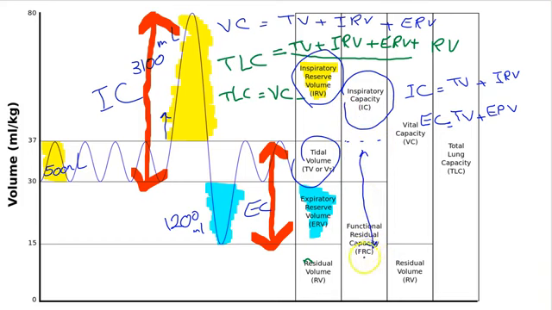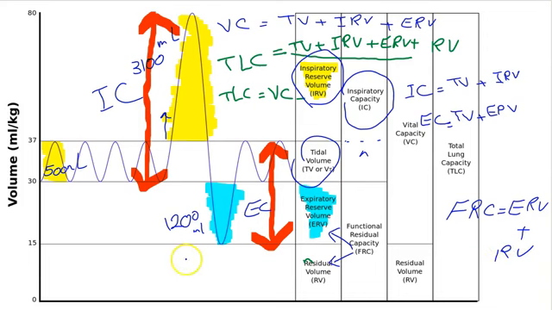Okay, one more. We have another capacity, which is called functional residual capacity, that is the amount of air that always stays in our lung plus the amount of air that we deeply breathe out. So functional residual capacity is going to be the sum of ERV and RV.